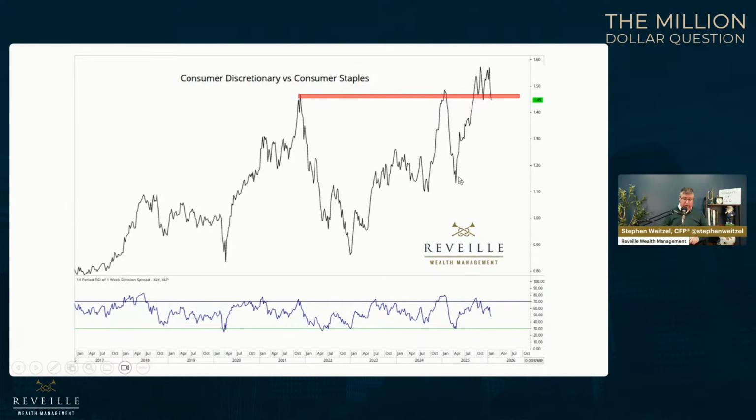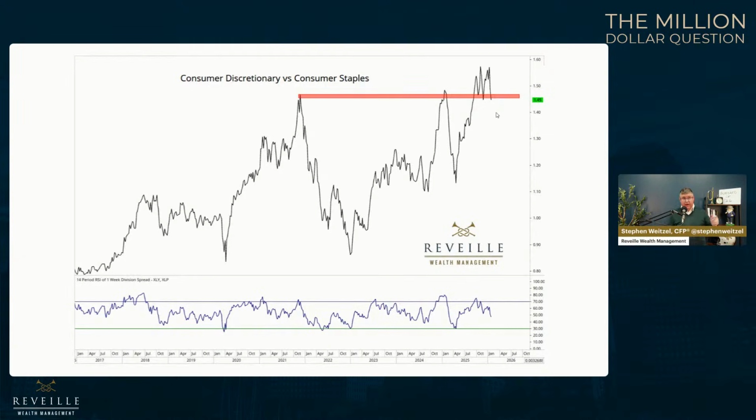And we're moving into an environment where we need to be careful, right? We need to be mindful of the level of risk that we're assuming. Also, make sure you're exposed to the right sectors of the market. We've talked a lot about this rotation from growth to value. And those value names are going to include names like these staples.